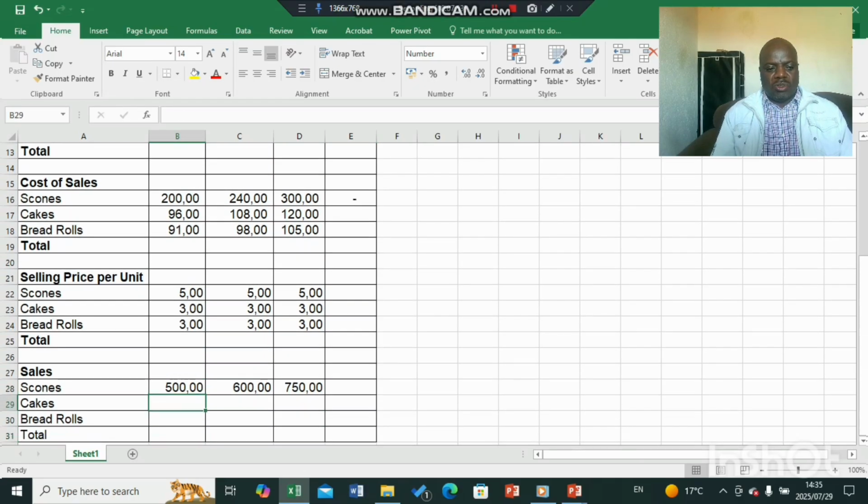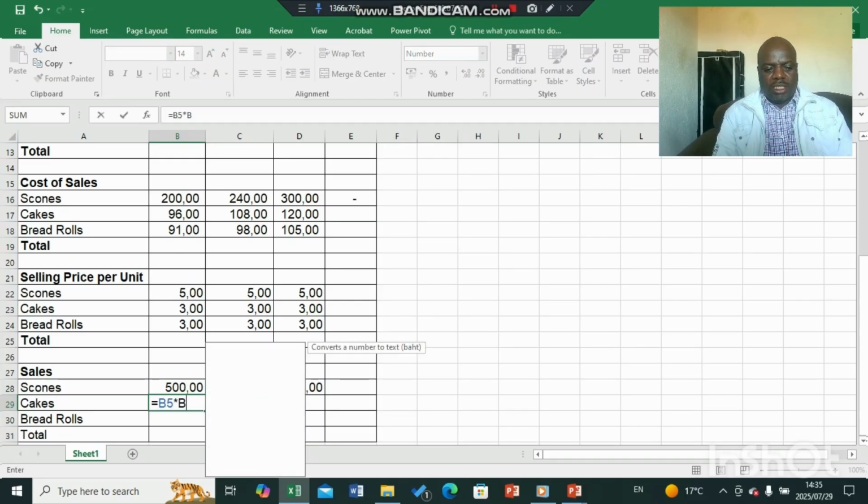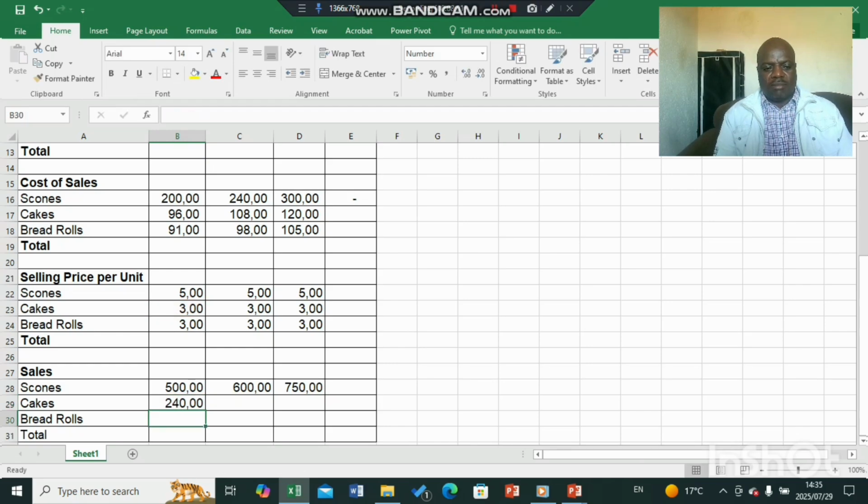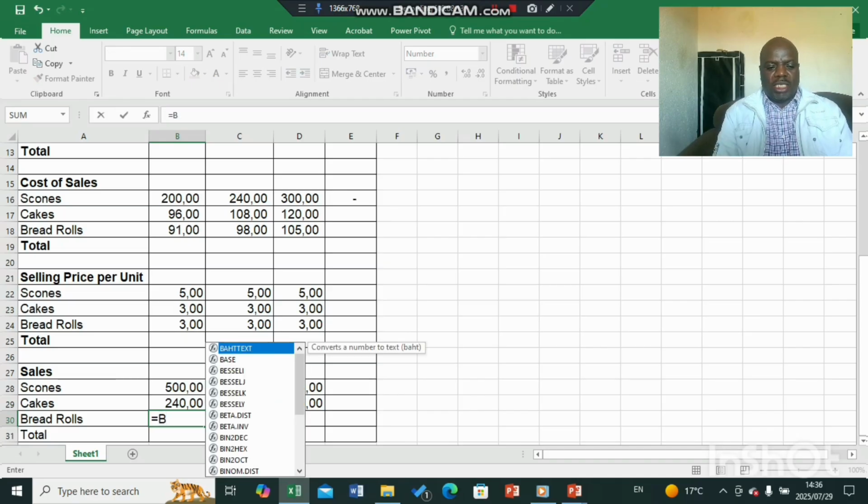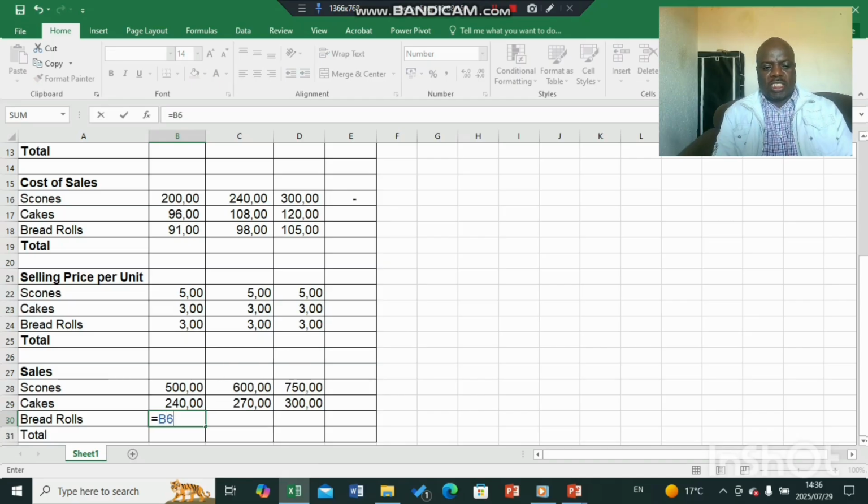Now we do the same with cakes. It will be B5 multiplied by B23. We'll make 240 in August, 270 in September, and then 300 in October. And then we do the same for the bread rolls.